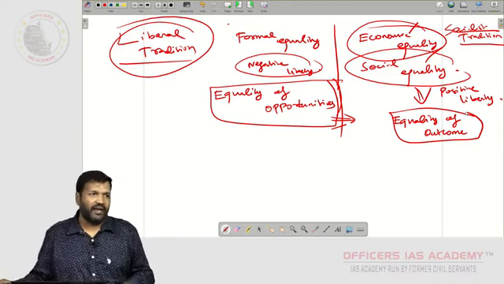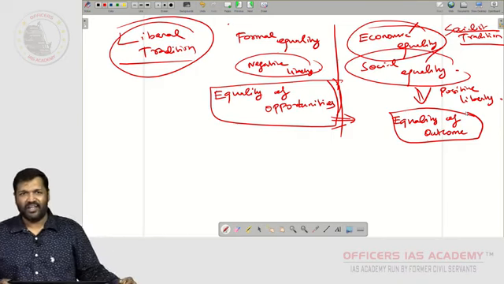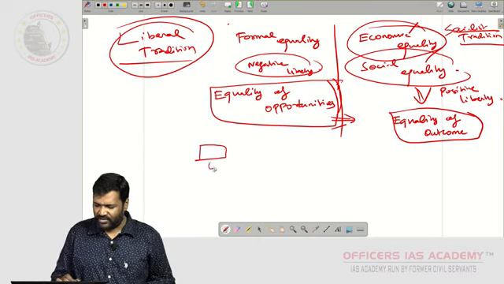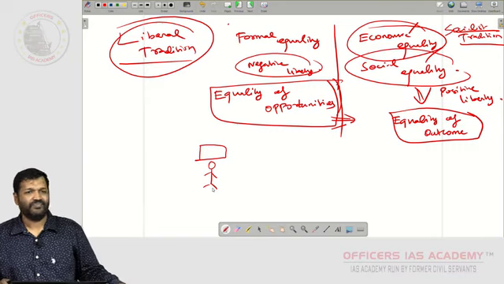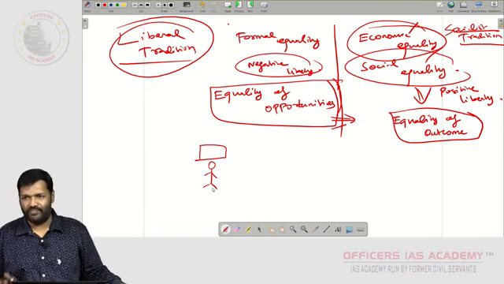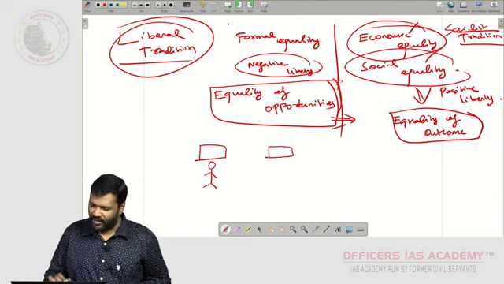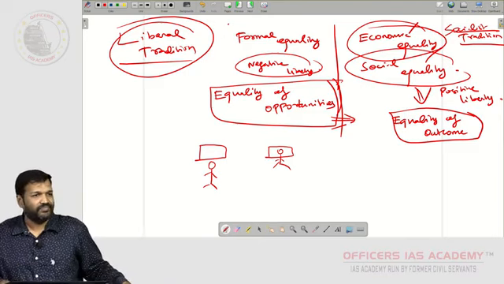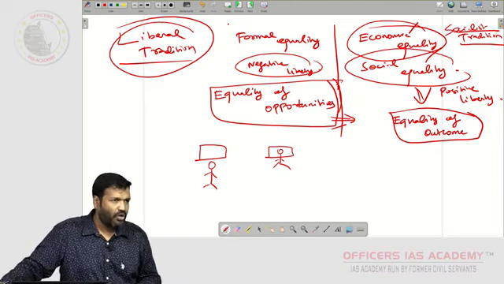So the first child cannot see the outside world. This is the window. This is the first child. It cannot see the outside world because it is small. But the second child is a little bit bigger, so technically it can see the outside world very easily. The outcome is different for both these people.